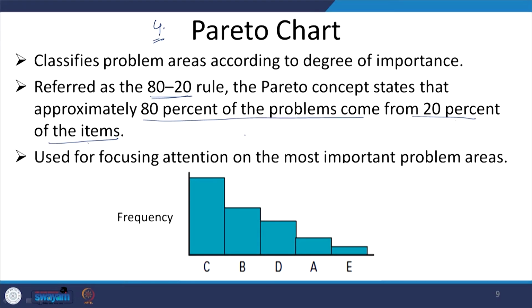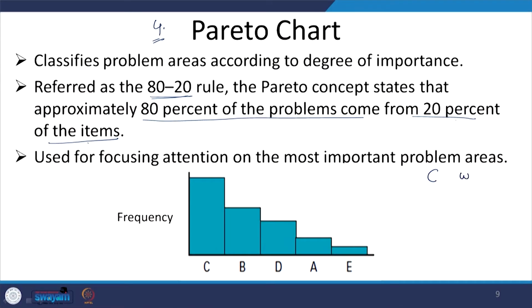So, it is a slight rearrangement of that histogram, and if you remember, in the histogram C was the most common and E was very uncommon. So, we have arranged these defects in decreasing order of frequency. C is coming in the leftmost corner because it has the highest frequency, and E is coming to the rightmost corner because of the lowest frequency.